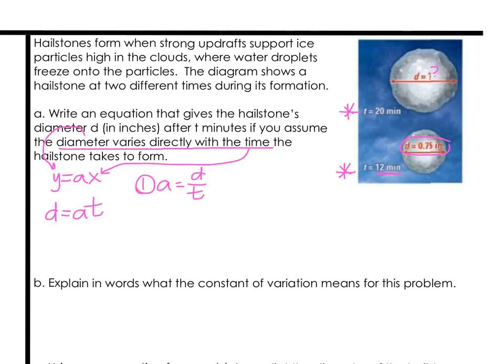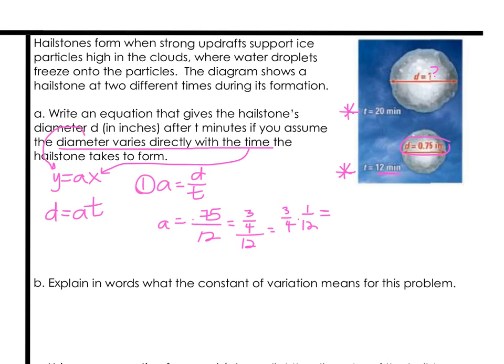A equals 0.75. Whoopsie, I gotta write that up there. 0.75, there we go, over 12. 0.75 over 12, that's the same as 3/4 divided by 12, which would be the same as 3/4 times 1/12.